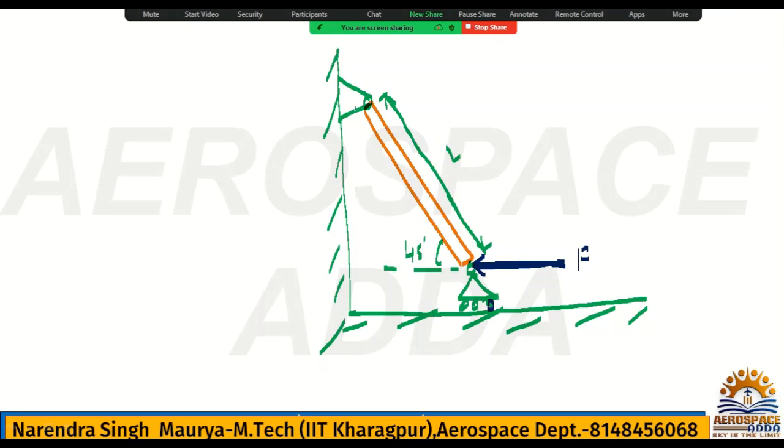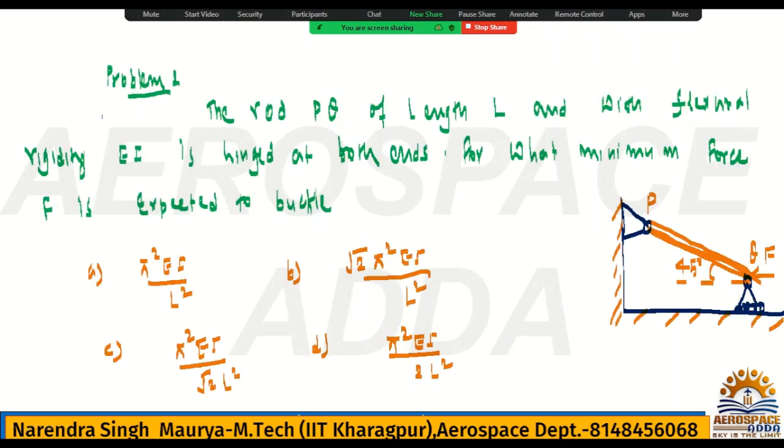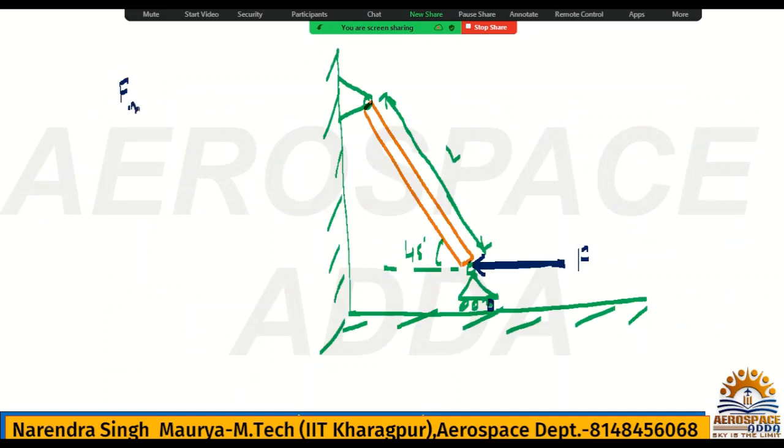Now they are asking what should be F. What is the minimum force? What F minimum should be required to buckle the column is PCR. That PCR value they are asking. So how to proceed?